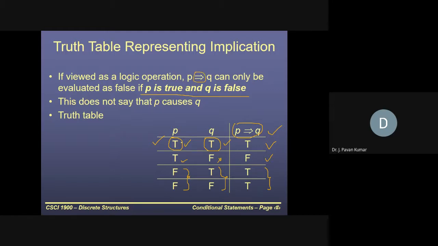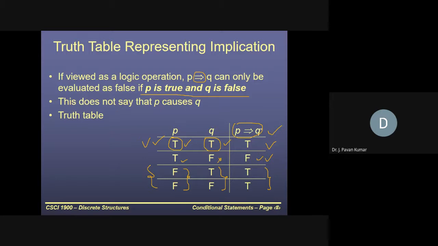Whenever P is true, Q should be true. That is the restriction, that is the requirement. So that requirement is satisfied in the first combination. In the second one, it is not followed, that's why it is false. In the other two, P itself is false, so irrespective of the Q value, the result is true. Why?